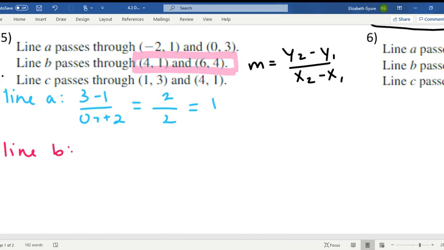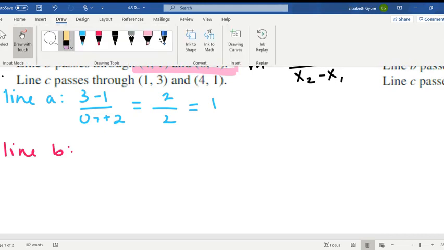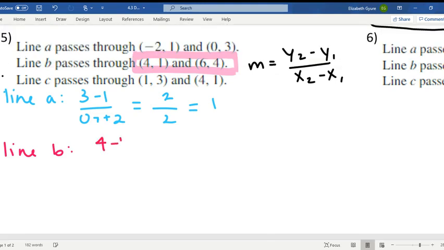What should I subtract? Welcome back, Aaron. What should I subtract for the y part if I'm finding the slope of B? What should I do on top? Very good. Okay, you're here still. I'm pleased. All right, 4 minus 1.